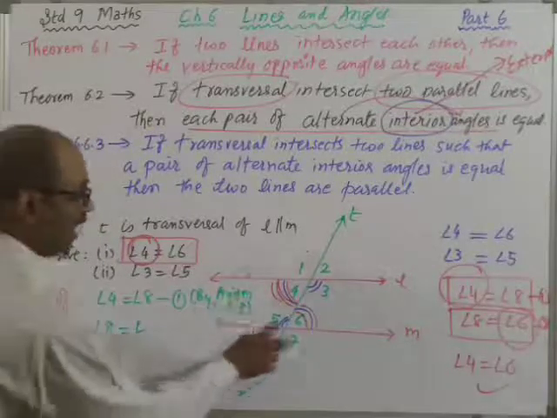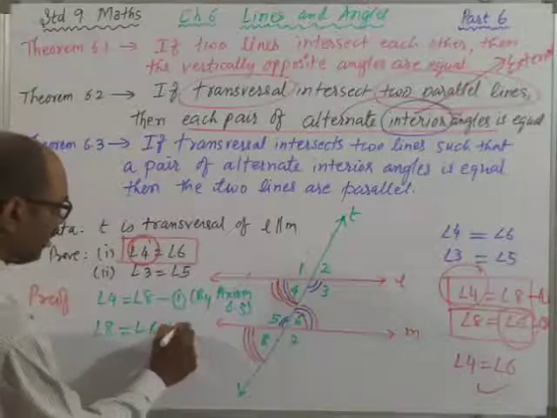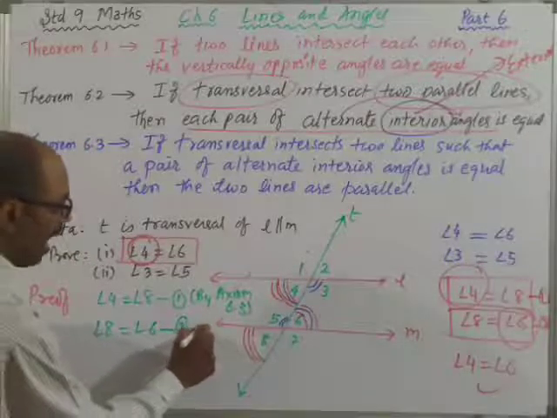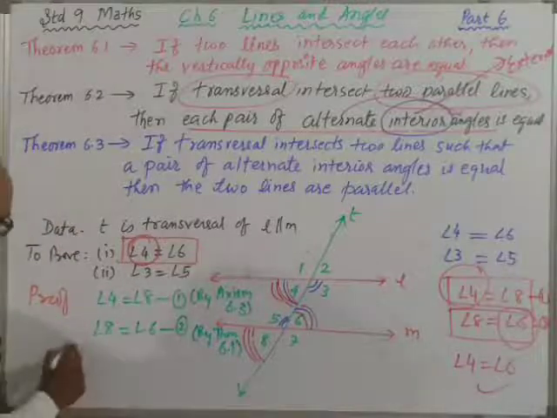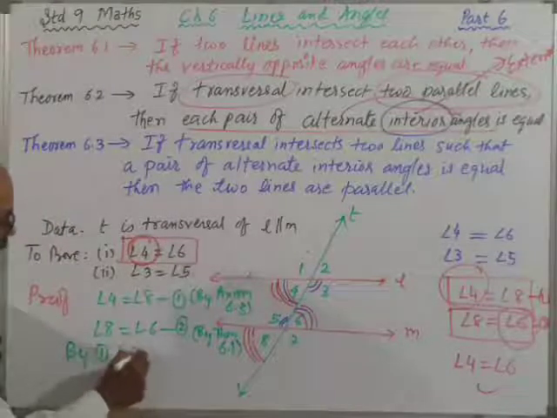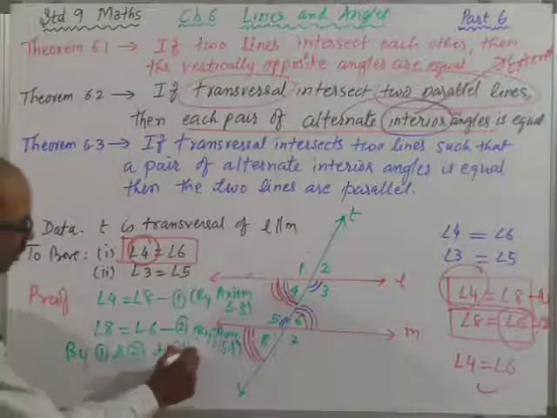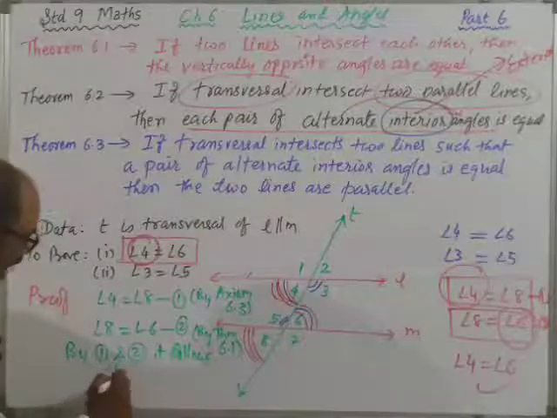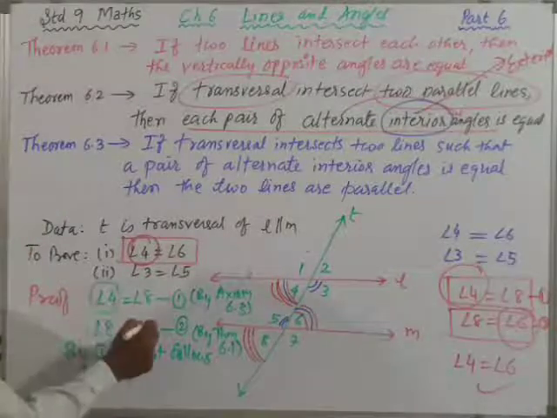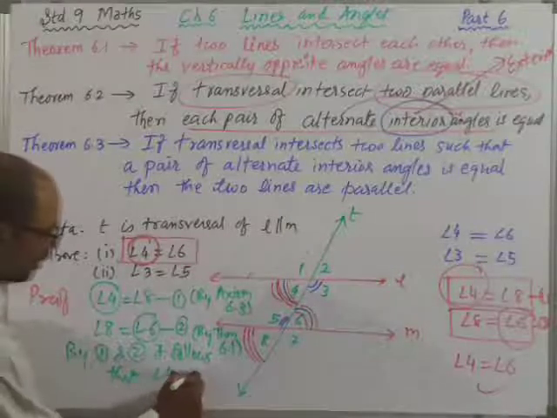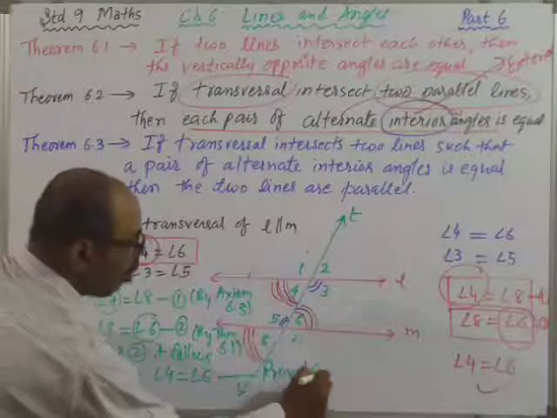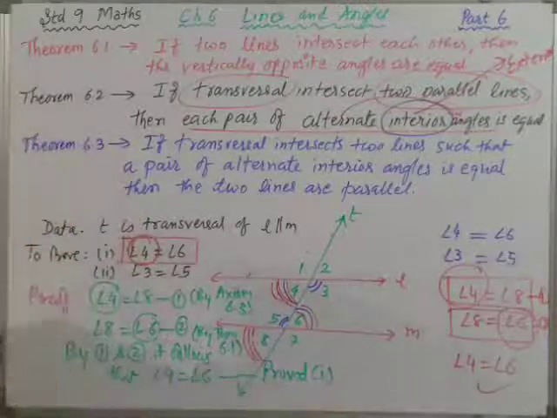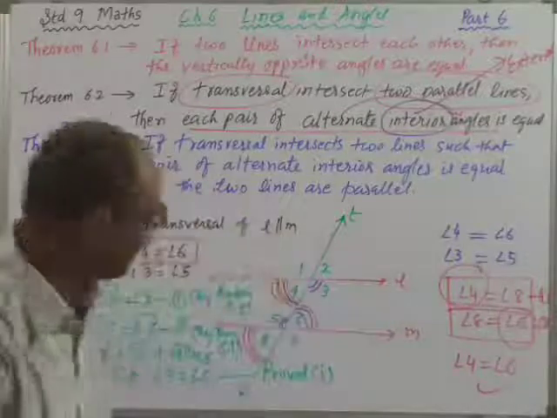And angle 8 and 6 are equal, by theorem 6.1. By 1 and 2, it follows that angle 4 is equal to angle 6. Proved. And the other one, we still have to prove; we can prove that the same way.